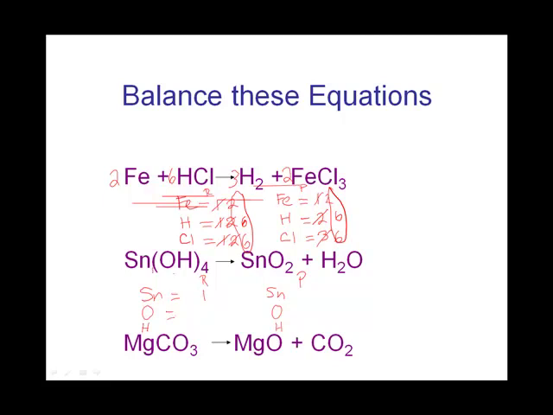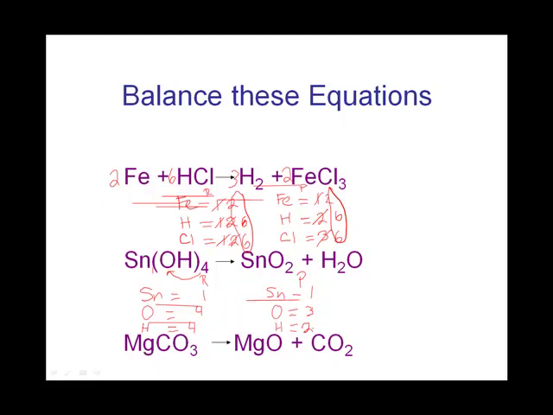We have O's. So this 4 times 1 equals 4. And we have 4 H's. Do the same on this side. We have 1 Sn. We have 3 oxygens. And we have 2 hydrogens.